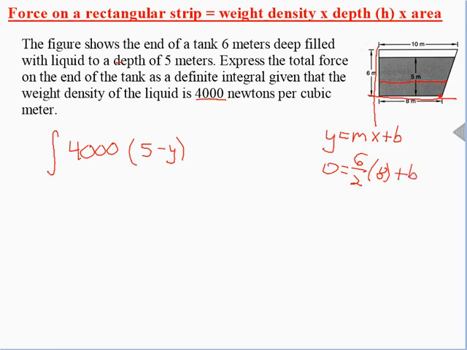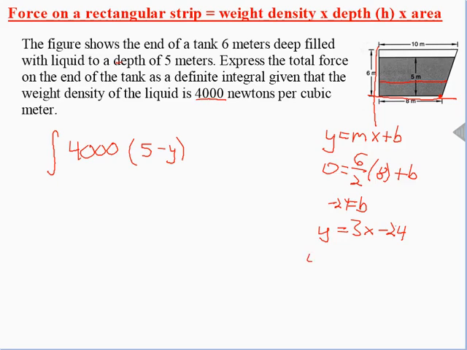That can help us find b. So this is 3 times 8 is 24. Subtract 24 from both sides and we get b is negative 24. So we know y equals, our slope is 6 over 2, which is 3, x minus 24. Now we're actually more concerned with the length of this, so the x value, so we need to solve for x.